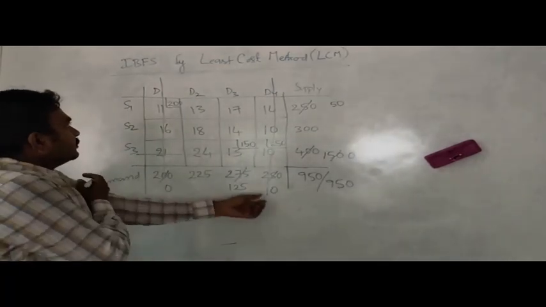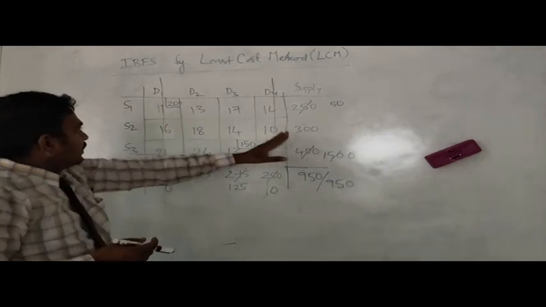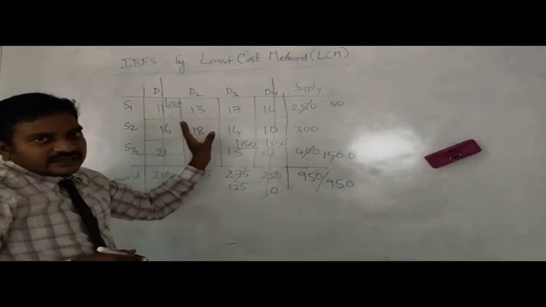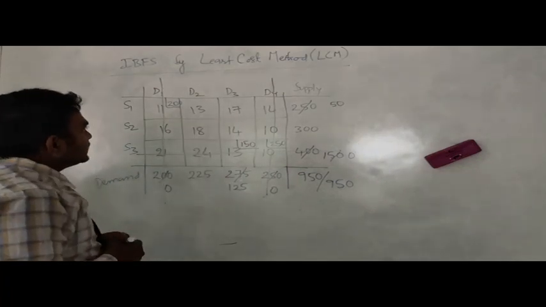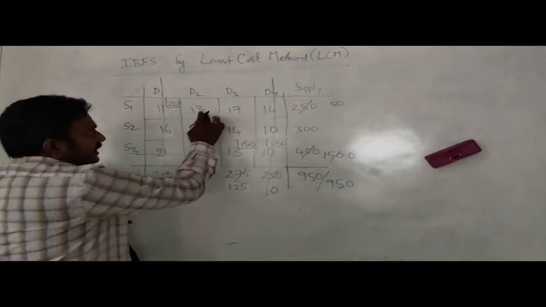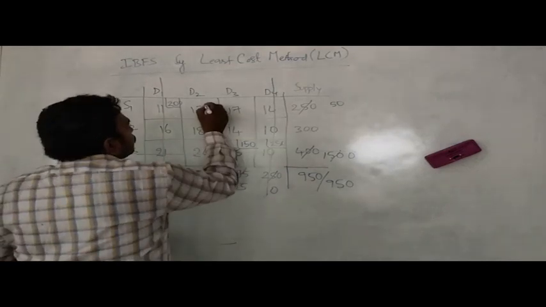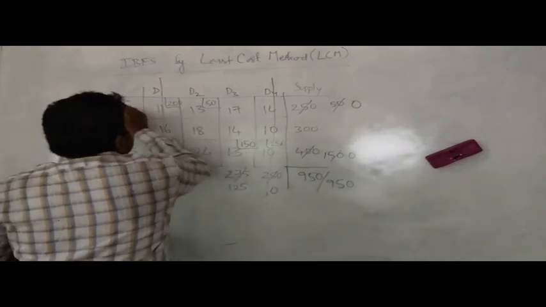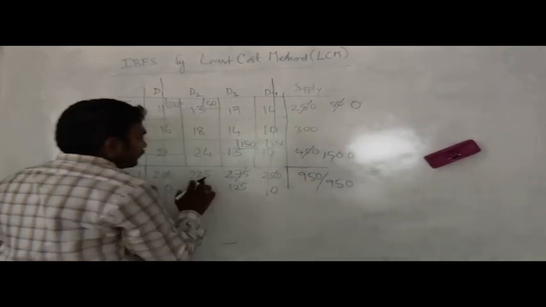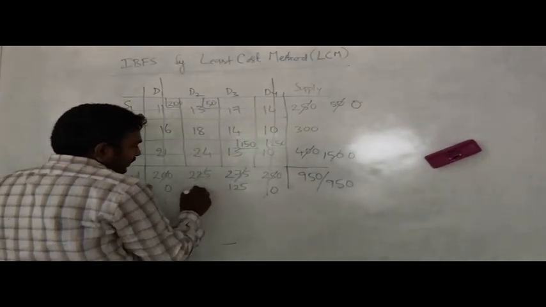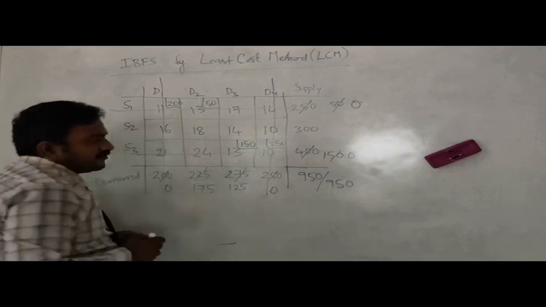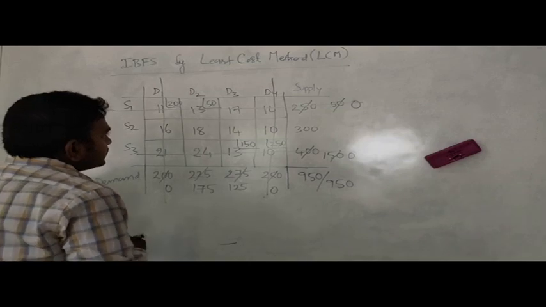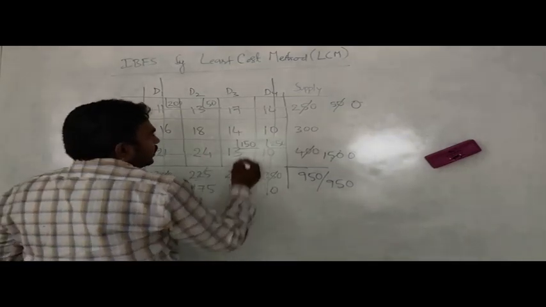Right now I have eliminated D1, D4, S3. Now do the calculation with the leftover cells. Now the next least cost is 13 again, 50 and 225. 50 allocation here, 0, so it gets eliminated. 225, after allocating, 175 is left over. Now the next least cost available is 14, 300 and 125.